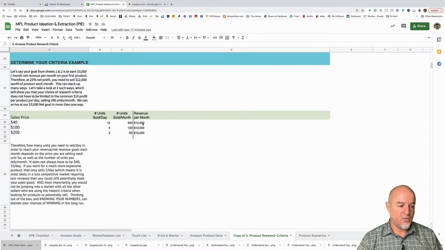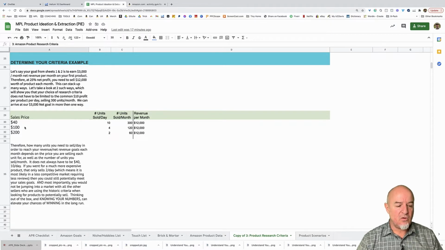But what if you went for a higher priced product and sold less of them? So you had to sell fewer units and get the same revenue. There's a good chance that there's a lot of people that aren't going to go into this market with a $100 price tag on a product because it's going to cost them $25, $30 to source that per unit, and they're thinking, well, I can't afford that.